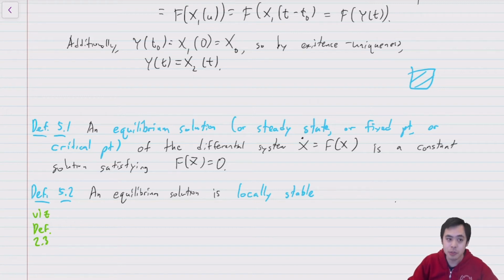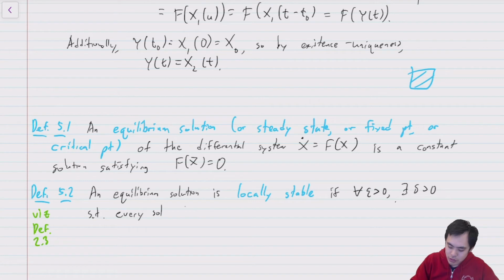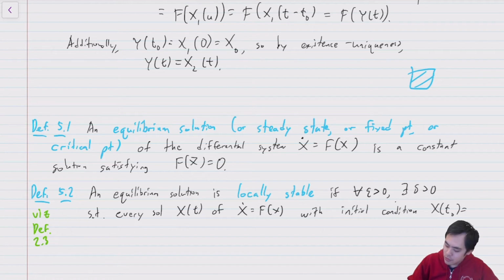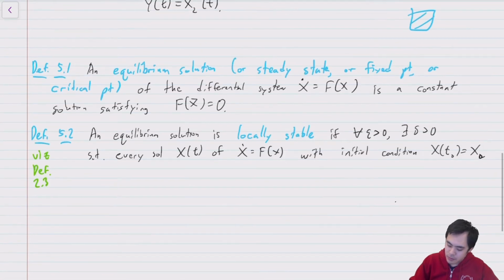But anyway, an equilibrium solution is locally stable if for any epsilon greater than 0, there exists some delta greater than 0, such that every solution x of t of x dot equal f of x with initial condition x of t naught is equal to x naught, well, what we have is that the distance, we're going to use the Euclidean distance here. It doesn't matter so much, but in this class we're always going to talk about Euclidean distance, so this is the 2 norm.